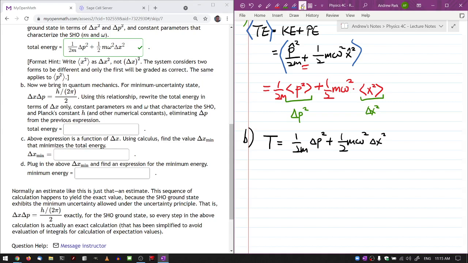And what this is, is an equation with too many unknowns.